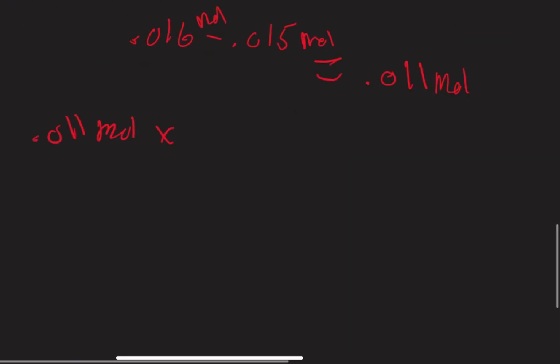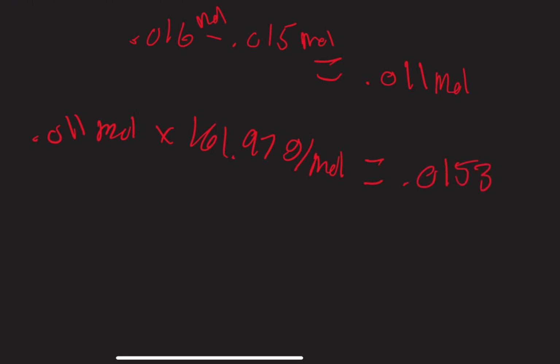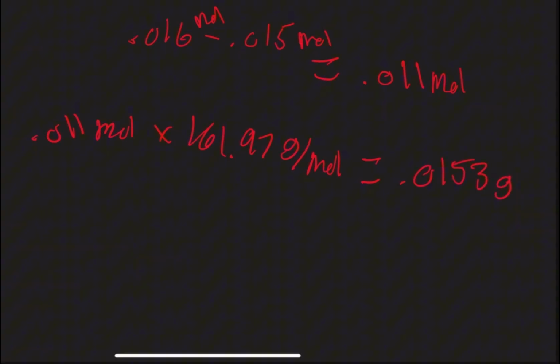So now I have to multiply our moles by the molar mass. Then we're going to multiply that out to get our answer of 0.0153 grams of excess reactant. And that's the whole problem.